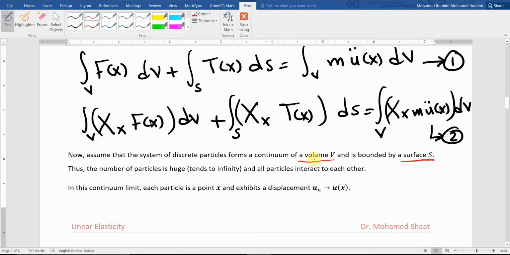So if we assume a continuum with a volume V and bounded by surface S, where S stands for the surface of the continuum, and this continuum consists of a huge number, 10 to the infinity, of particles.